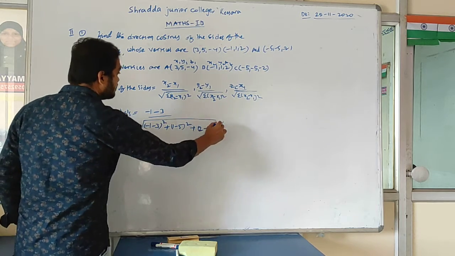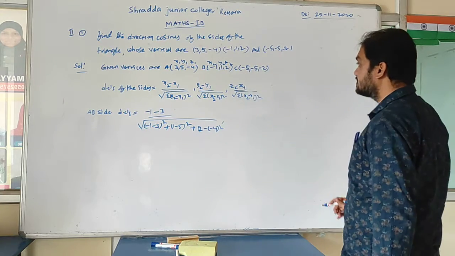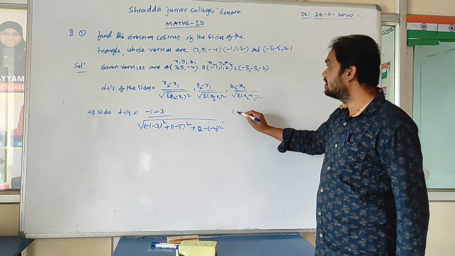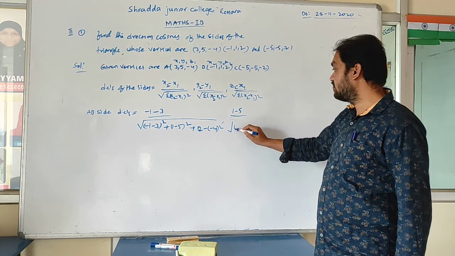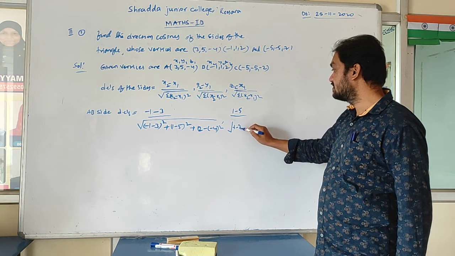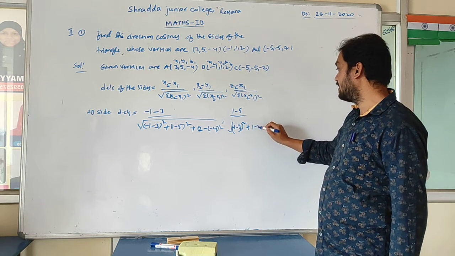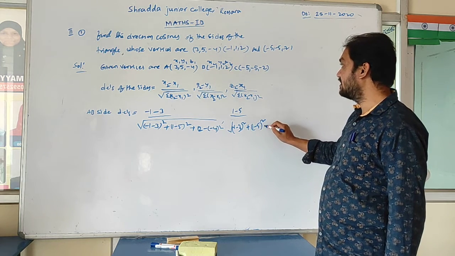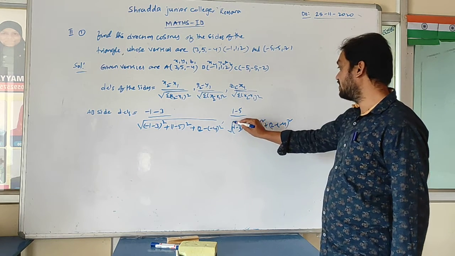And the next one, see here, y2 minus y1. What is y2 here? 1 minus 5 by square root of minus 1 minus 3 whole square plus 1 minus 5 whole square plus 2 minus of minus 4 whole square.